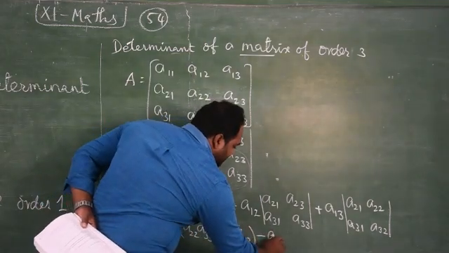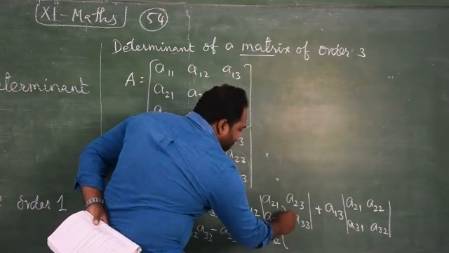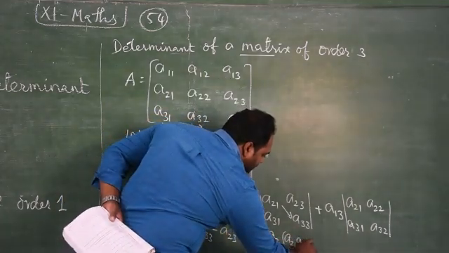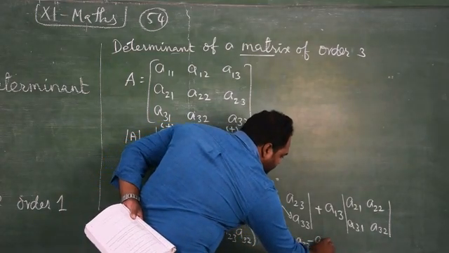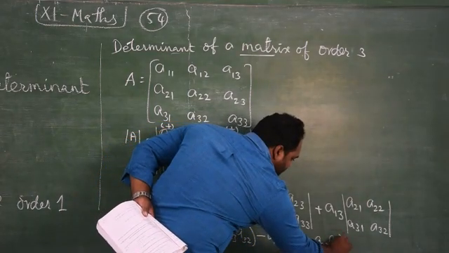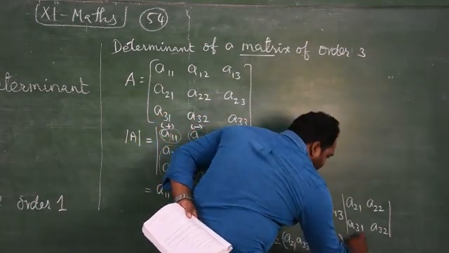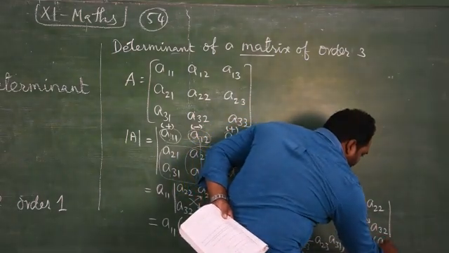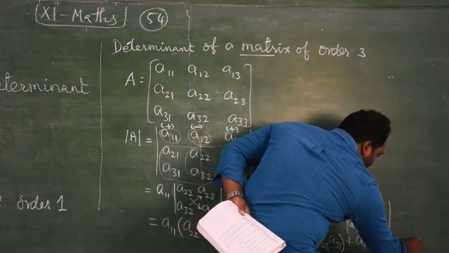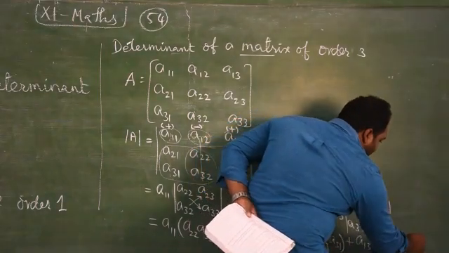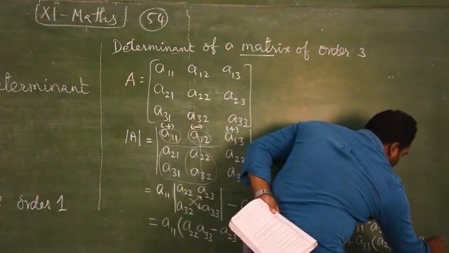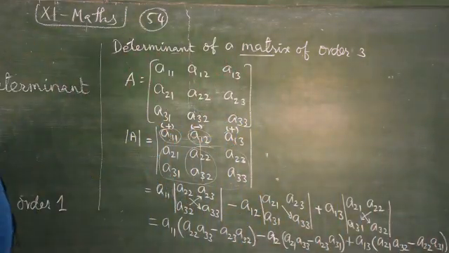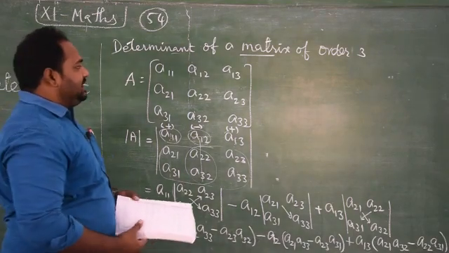Minus next, A12 into the same thing, A21 A33 minus A23 A31. Next plus A13 into the cross multiplication A21 A32 minus A22 into A31. So this is the way of finding the determinant for a 3 cross 3 matrix.